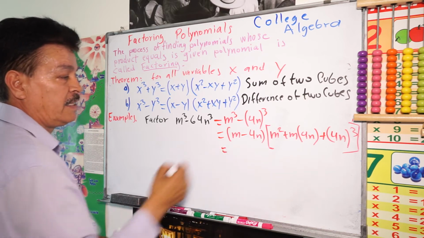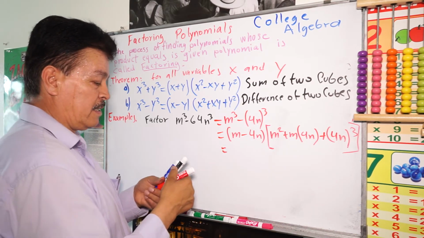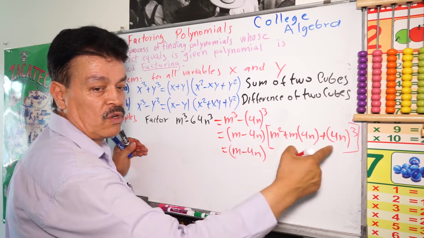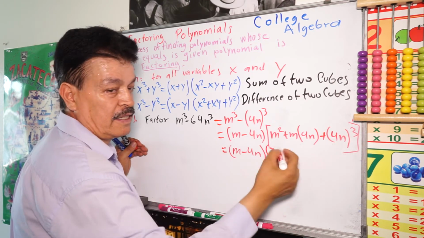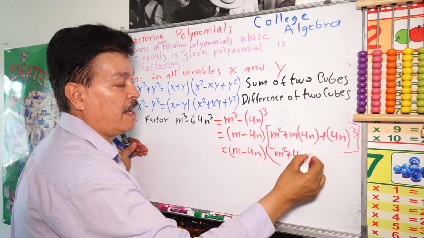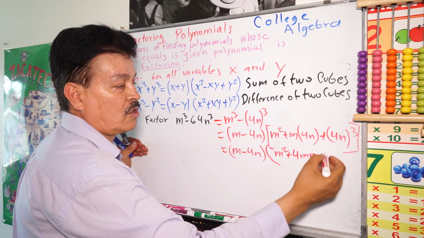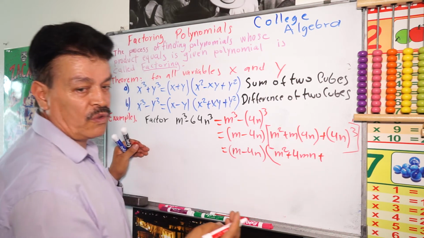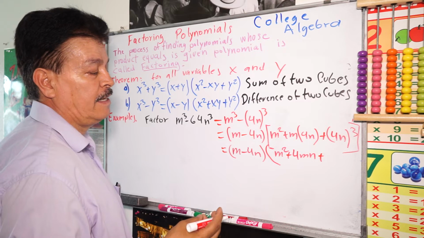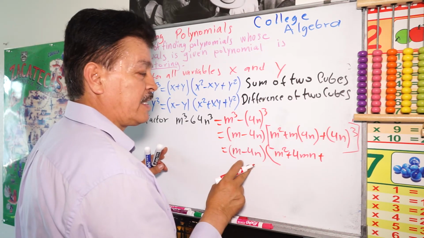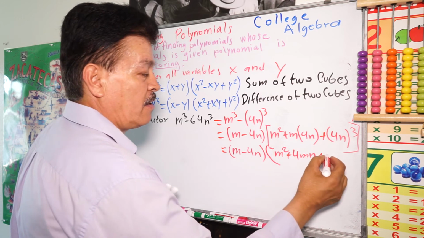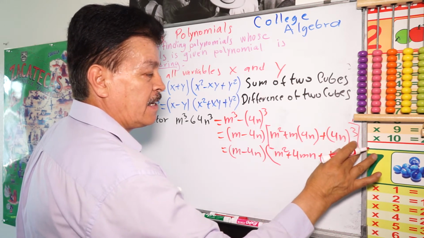Okay, you simplify this. When you simplify, you are going to have m minus 4n, times the rest, which is m to the second power plus 4mn, just multiply here, plus 16n to the second power.